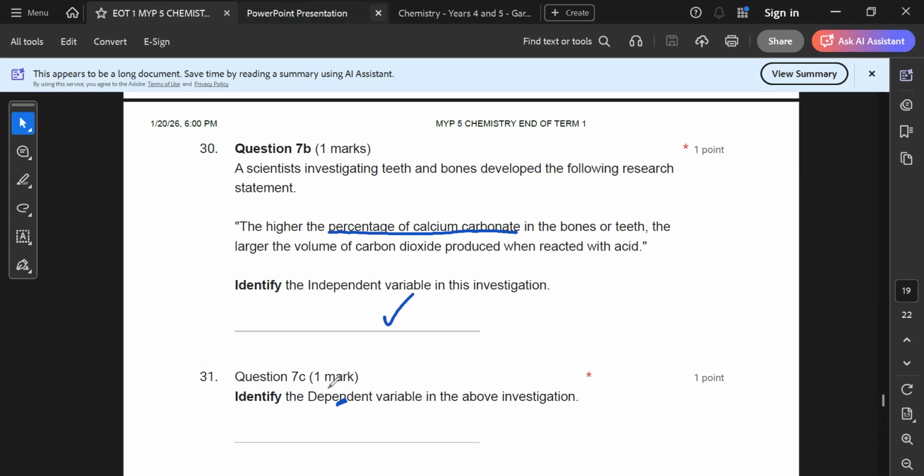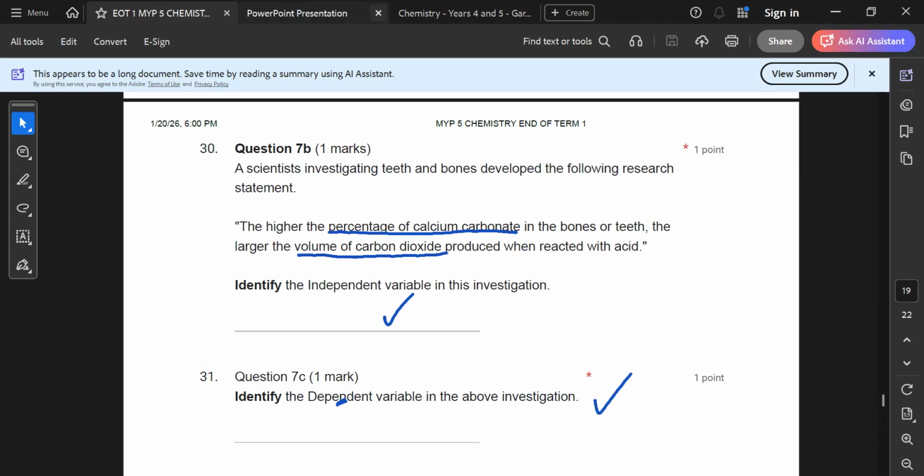Oh yeah, that's perfect. It's the volume of carbon dioxide produced. So you see, from a research statement or research question, you can easily see them. They are always there. And when you're writing them, the independent comes first and the dependent comes next. So that becomes easy for you to tell.